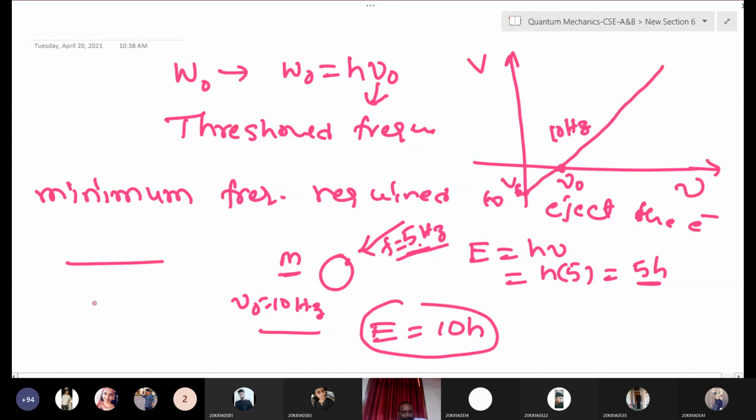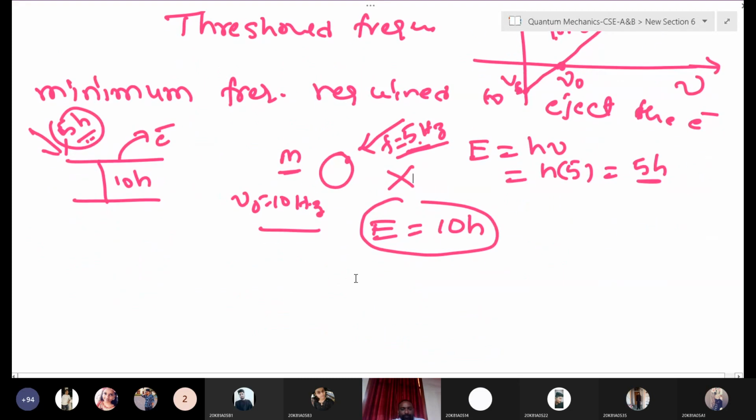To eject the electron from this metal the energy needed is 10h, but the incident light is only 5h. You don't have sufficient energy to eject the electrons, so the photoelectric effect is not possible in this case.